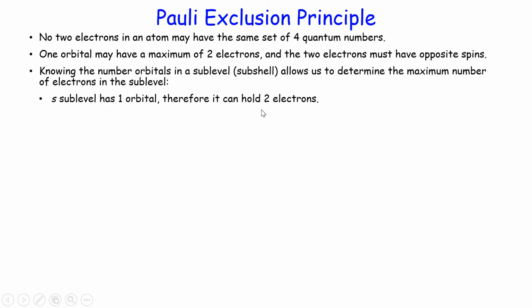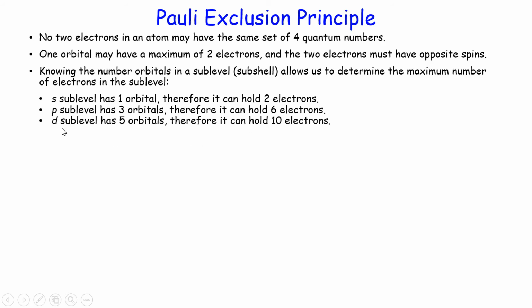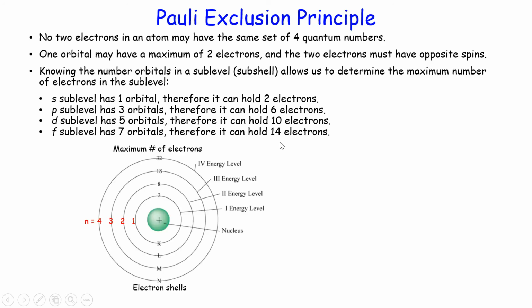Okay, so using those rules, especially the Pauli exclusion principle, for the s subshell, we know it has only 1 orbital, so it can only hold a maximum of 2 electrons. p, 3 orbitals, can hold a maximum of 6 electrons. d, 5 orbitals, maximum 10 electrons. f subshell, 7 orbitals, maximum 14 electrons.